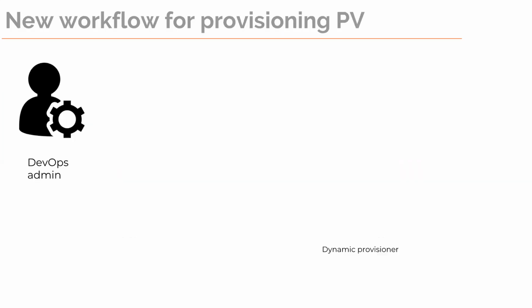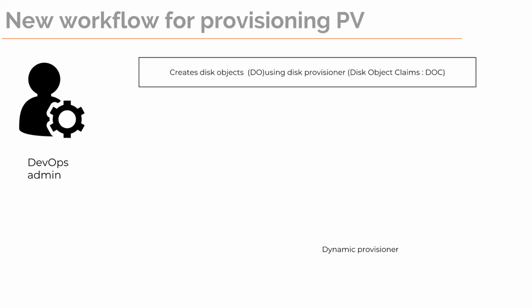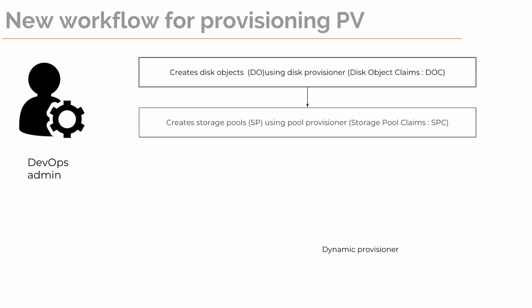So with that, compared to the original flow and the new workflow, we are really creating a new workflow for the DevOps admin to manage the underlying disks. That's the new thing. So a DevOps admin will now use the disk provisioners to create disk objects, and he or she requests a disk object using a disk object claim, similar to PV to PVC.